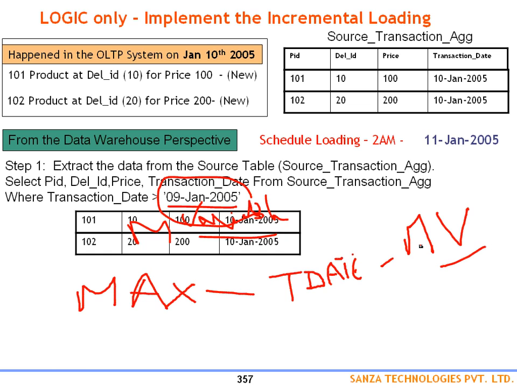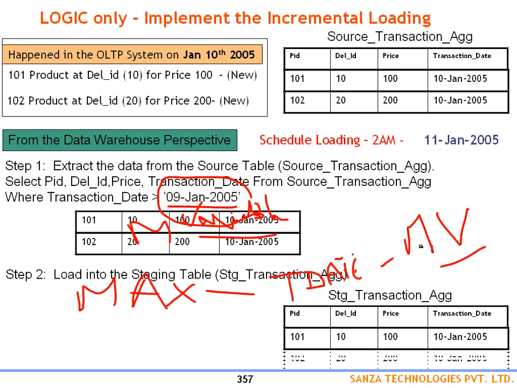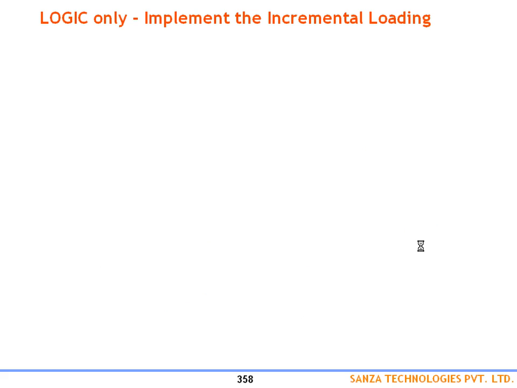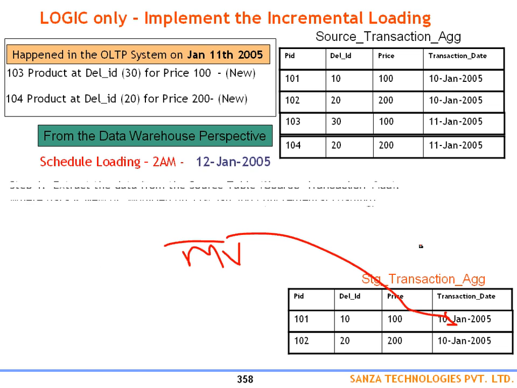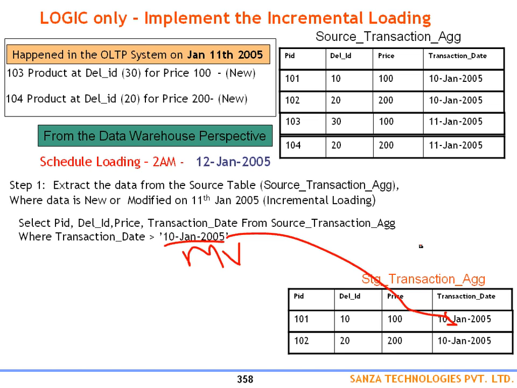This is a global variable. I store that value. So as per this example, the maximum value is 10th January 2005. I store it in the mapping variable, which will be stored internally in the repository of Informatica. So next time when it runs, that mapping variable will contain 10th January 2005. Then that will be used for the extraction, greater than the mapping variable, that is 10th January.